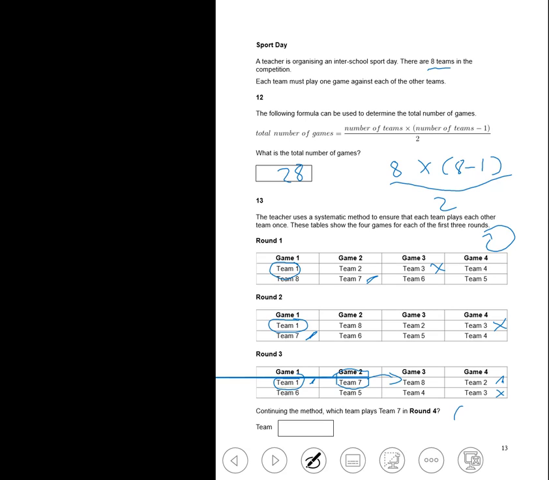So we need to see who else would be in G3. So because team 7 is going to be at the top, we need to find out who's going to be at the bottom. So who goes clockwise in this direction to get to that spot? It is team 3. Team 3 will head there next. So that is who it is, team 3.